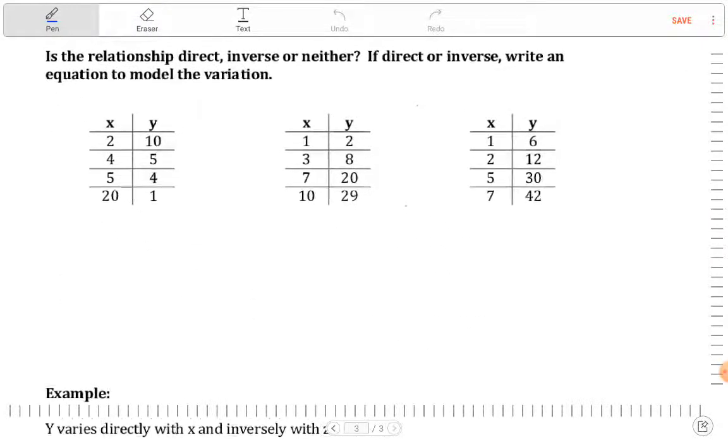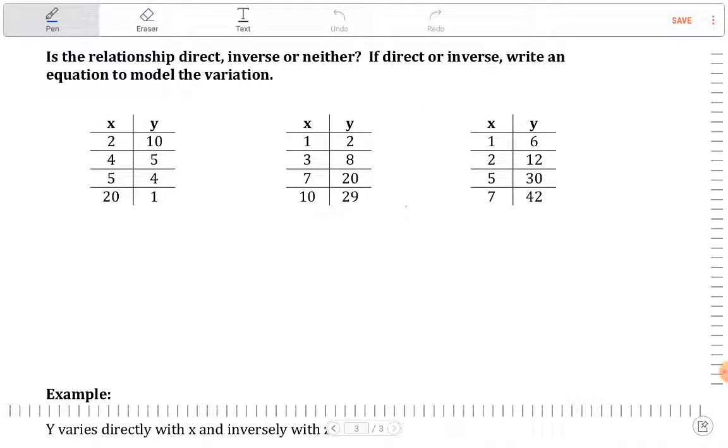In this case, we are to find the relationship to be either direct, inverse, or maybe neither. If we do determine it is direct or inverse, we would have to write the equation that models the variation. So the first thing that you want to do is you want to find out how is your x behaving. In this case, your x is increasing.